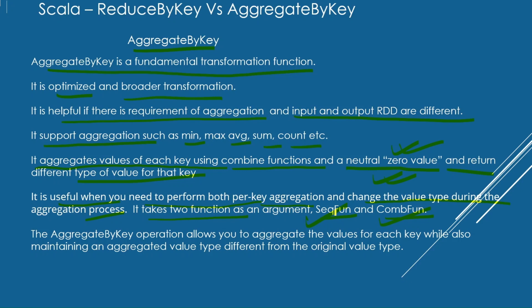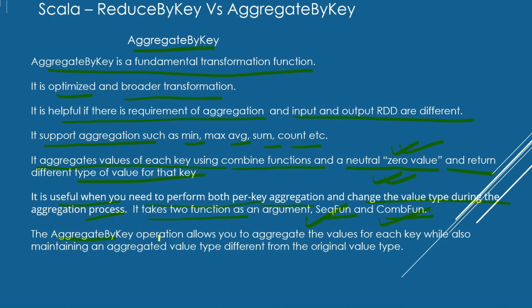The sequence function will do the aggregation at the per partition level, and the combine function will combine all the results of the sequence function which has been applied over different partitions, to create the final result for a key and its value, and the value is the aggregated value, which could be of a different type.